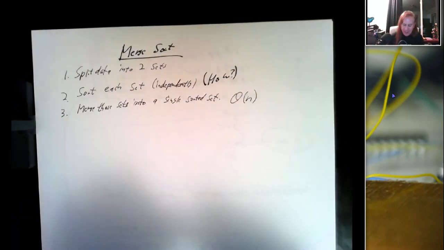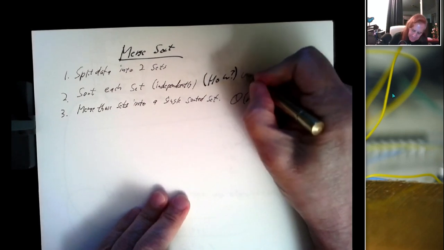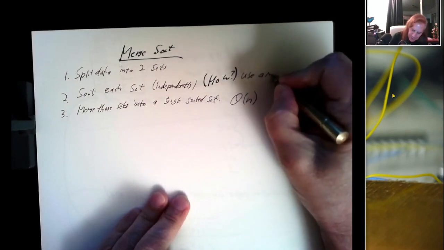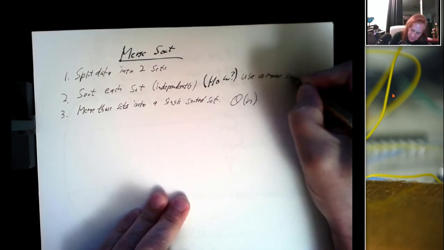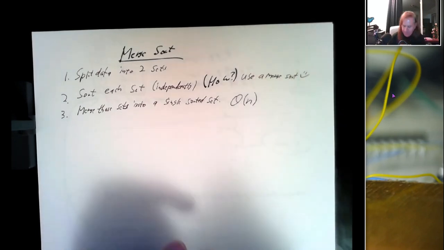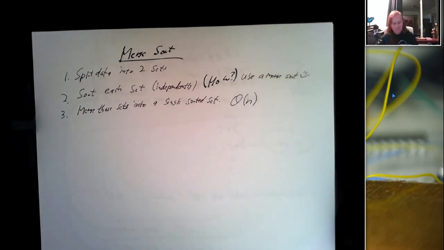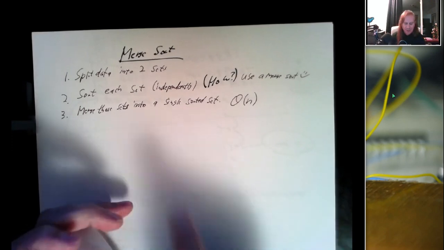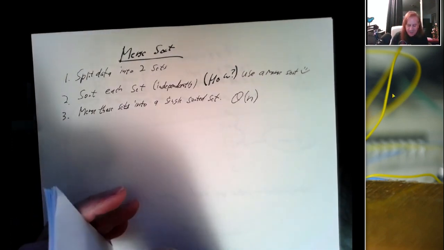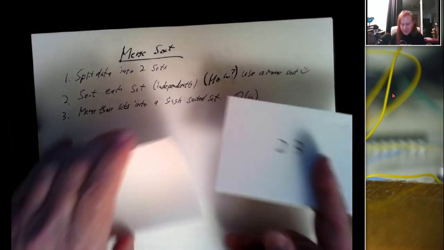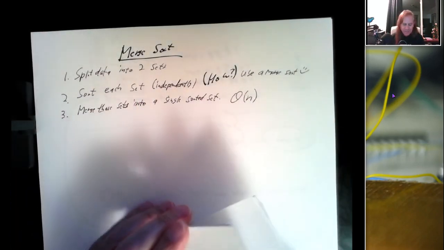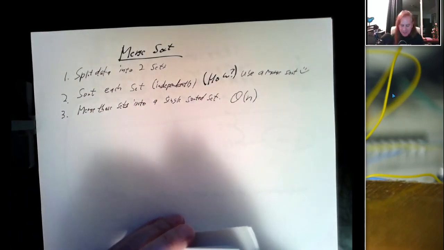So how are we going to sort this half? And the answer is, use a merge sort. So this is recursive. We're going to split our data in half, and then we're going to use merge sort to sort each of those halves, and then we're going to merge them back together into a single set.